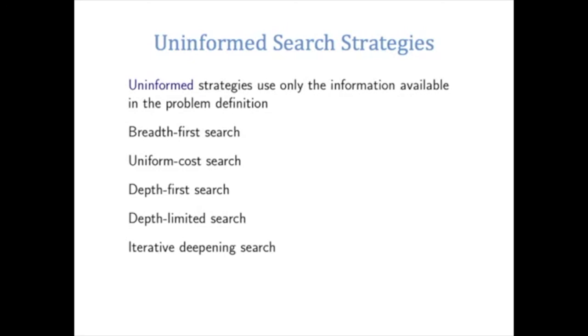And the kinds of search we're going to be looking at today and in the next lecture are breadth first search, uniform cost search, depth first search, depth limited search, and iterative deepening search. In this lecture, we're just going to look at breadth first search, and for the next class, we'll look at the other kinds of search.